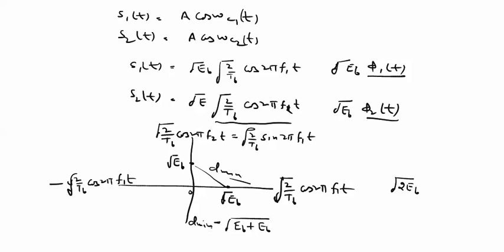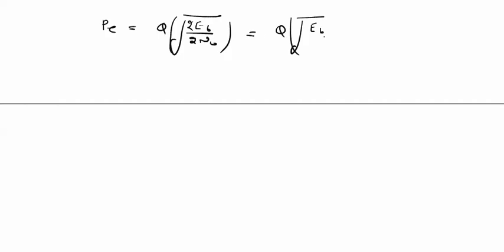If D minimum is given this way, then we can say the probability of error for BFSK is Q of root of EB upon 2 N naught. We can solve and rewrite this expression in terms of EB upon N naught. From D minimum we can calculate the probability of error for FSK.